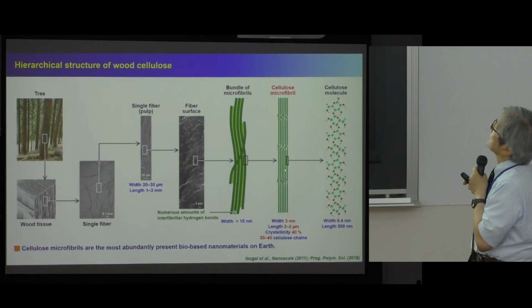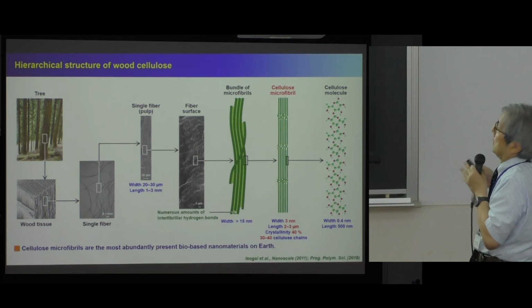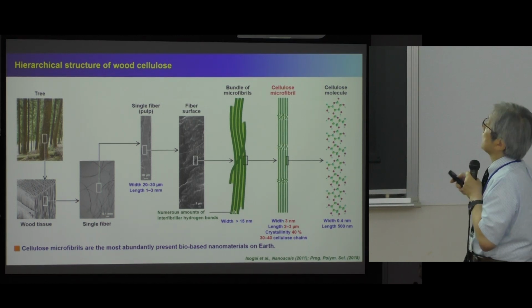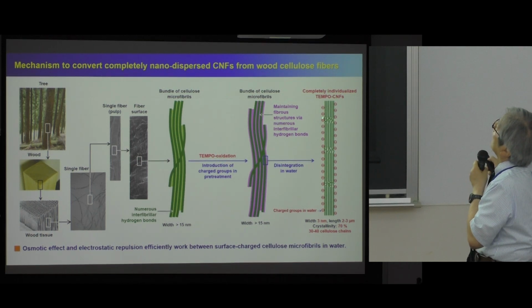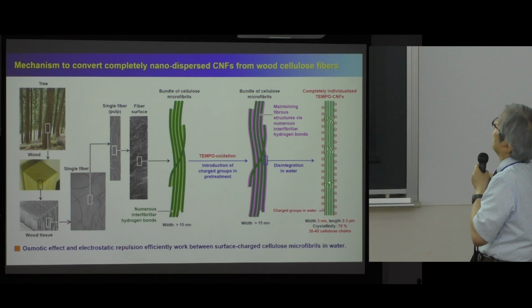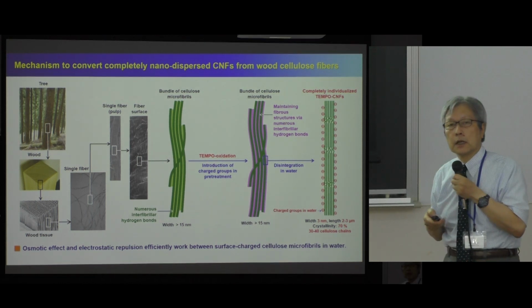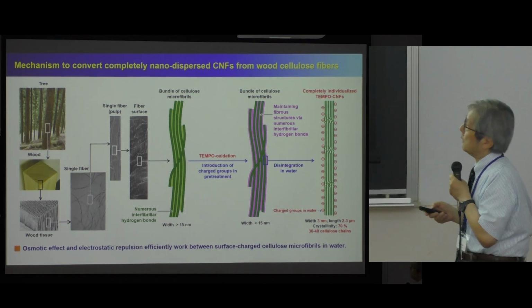So the original microfibers are tightly bound to each other, but by TEMPO-mediated oxidation, anionic charges are densely, position-selectively introduced just on the crystalline cellulose microfibers, resulting in the complete individualization of cellulose microfibers.